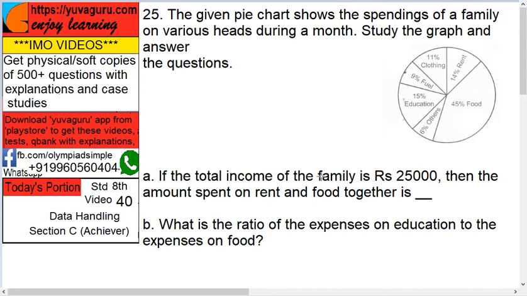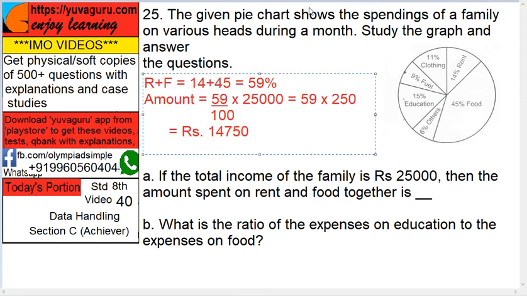If the total income of the family is 25,000, means this full 100% is 25,000. Then the amount spent on rent and food. Here rent plus food equals 14 plus 45, that is 59%, right? So you have to find the amount now.